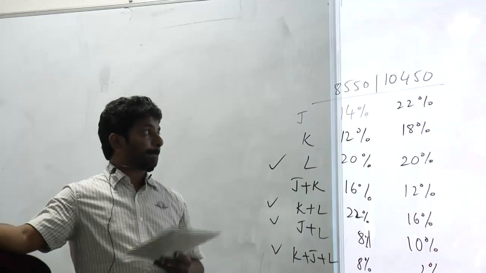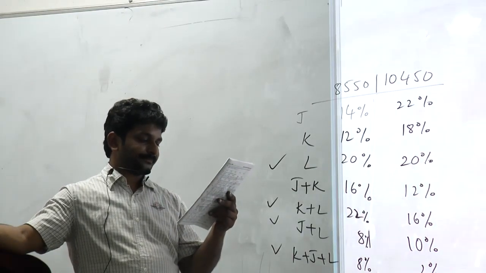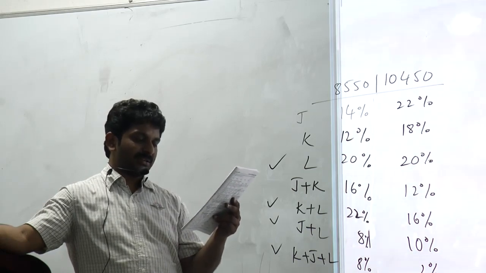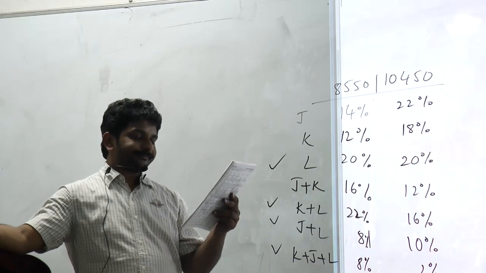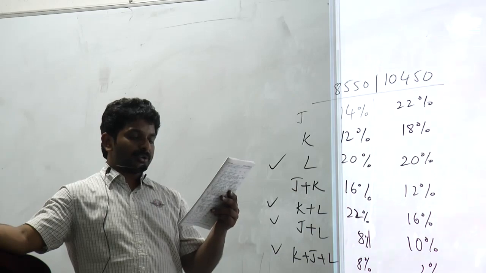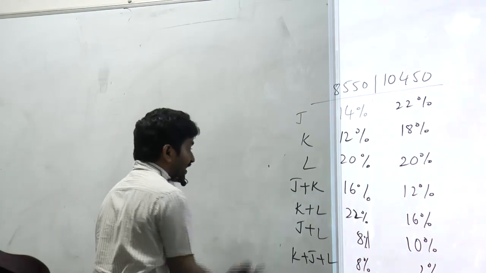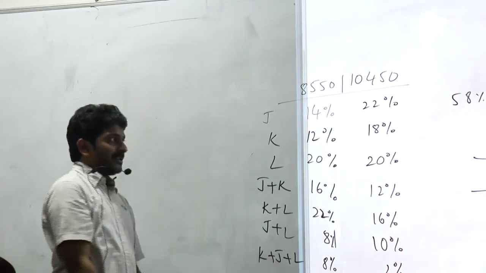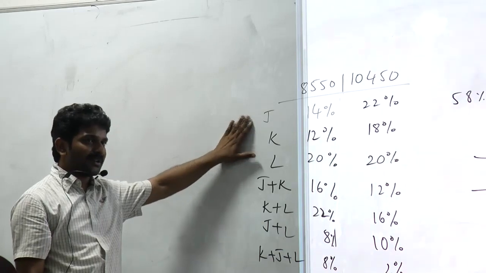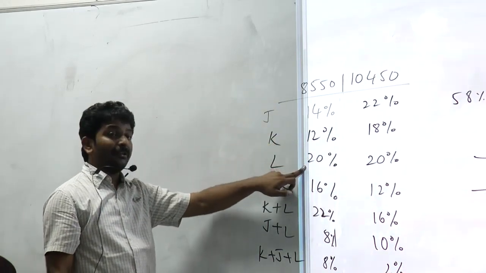Next. The number of male students who study more than one of the given languages is what percent more than the number of female students who study more than one of the given languages. One of the given languages in the sense last 4. Instead you can subtract the first 3 from the total. 14, 12, 26, 46.